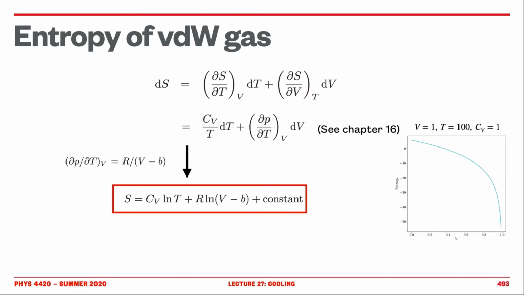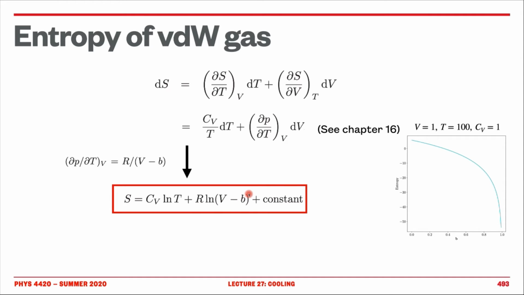So I find that the entropy behaves like this. When B is equal to 0, I obtain the result that I had for the ideal gas. But as B changes, we see that the entropy goes down.